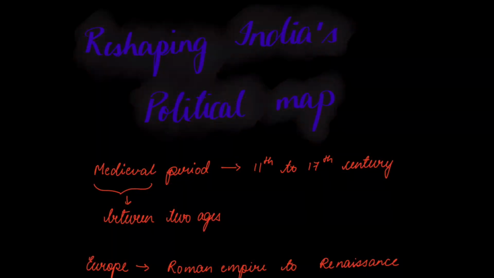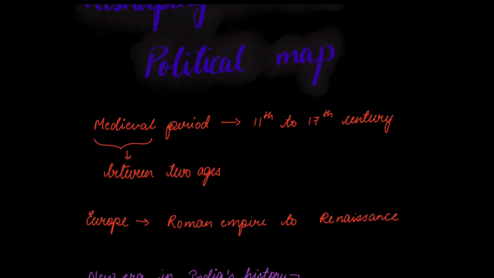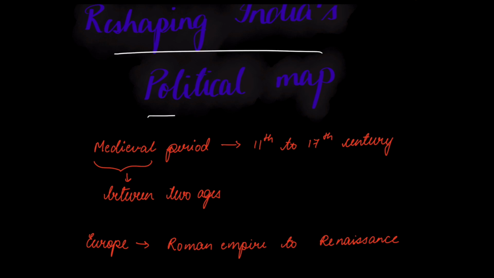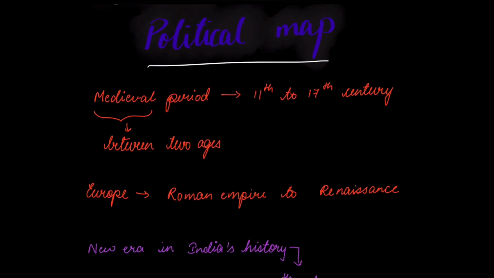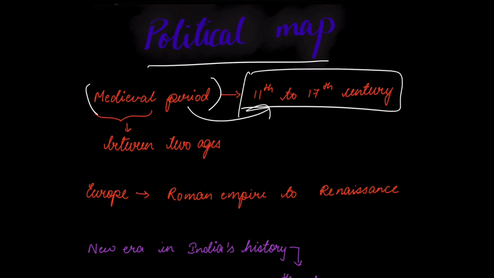So we'll start with a quick preview of what we have completed already. In the first part, we started the chapter Reshaping India's Political Map, and we learned that whenever we use the word medieval period, we are only referring to the 11th to 17th century.